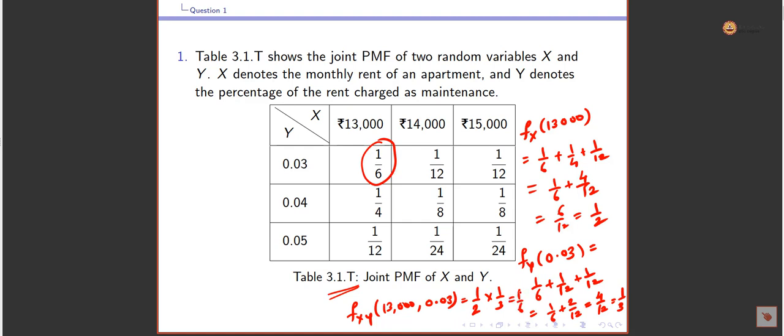These two values are the same, correct? Similarly, we can show it for x equals 14,000 and y equals 0.04, also 0.03 and 0.05, and similarly for 15,000. From this we find that x and y are independent.